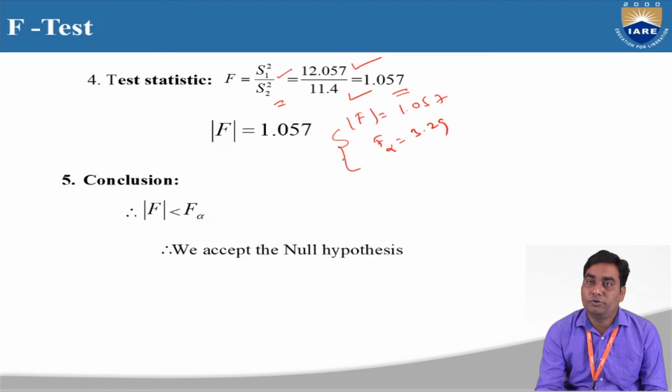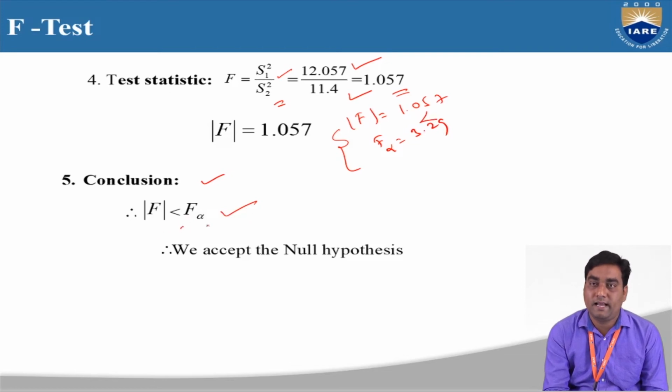Now in the conclusion, compare these two values. Mod F value 1.057 is less than 3.29. So that's why mod F is less than F alpha. This is the tabulated value, this is the calculated value.